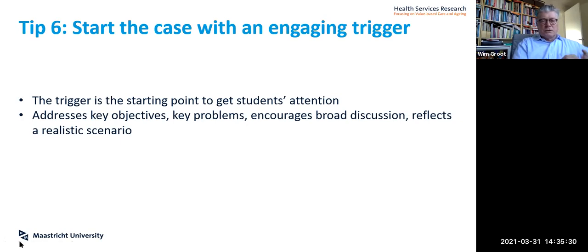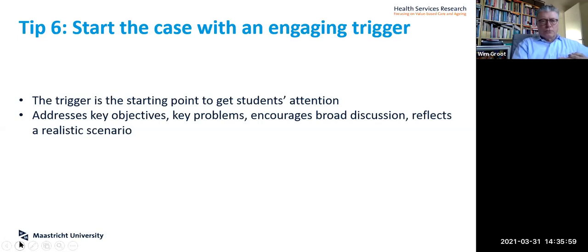So a trigger point is a piece of text, a starting point of a case that focuses and grabs the attention of students. It should also address or be related to the key objectives and key problems, encourage a broad discussion on the issues, and reflect a realistic scenario.